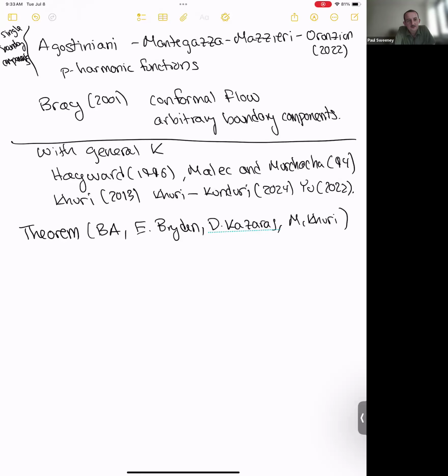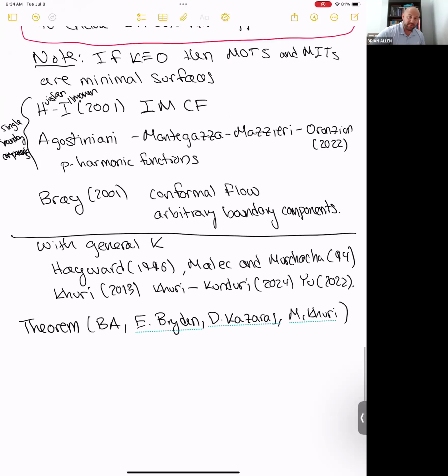Could I just ask a question before you? Yeah, of course. The Bray result is with a suboptimal constant too, or no, sorry. In all the results when k is equal to 0, the constant is optimal. Optimal, yeah, exactly. So these are all with optimal constants.